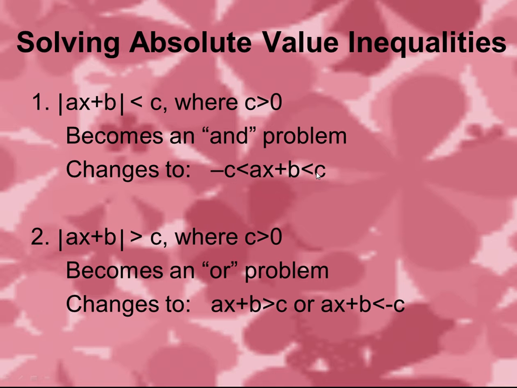Okay, but if the inequality sign looks like this, if I'm saying the absolute value of some x stuff is bigger than c, so it's further away, then I got two sort of extreme possibilities. Either the x stuff is more than c in the positive direction, so it's greater than c, or it's more than c in the negative direction, so it's less than negative c, further to the left than negative c.